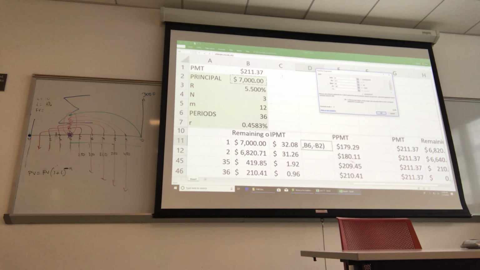I click it, and I have a number. I look at the two numbers and they are the same. That means that the formula is correct, right?